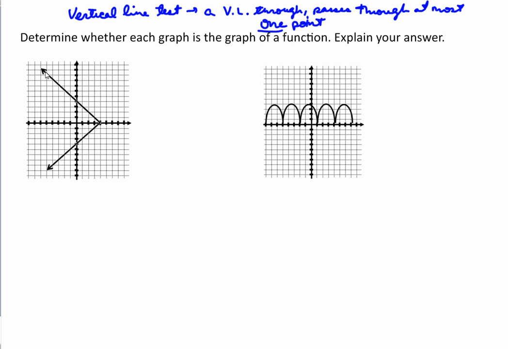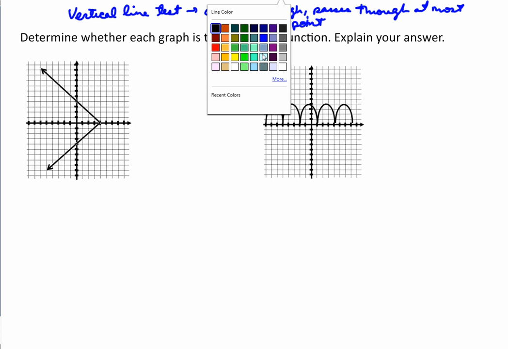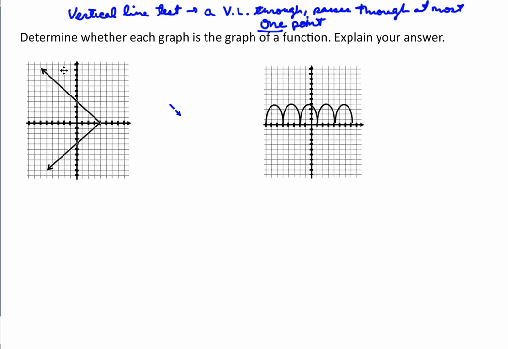Okay, so let's look at our first graph right here. I'm going to make this a nice line so it will stand out here. Okay, good. If we were to take a vertical line and pass it through this graph, let's just pick a random point right here and see what happens. If I pass this vertical line, it passes through in two places. If I look at this graph over here on the right and I pass it through another place, I see it only passes through at one point.